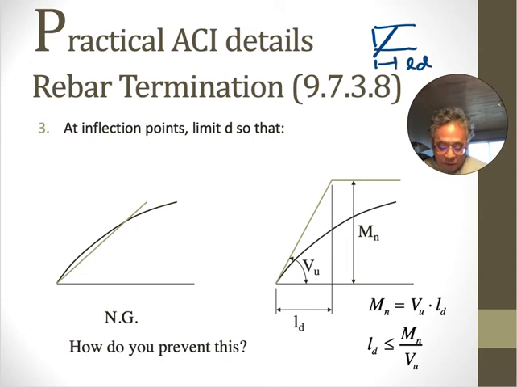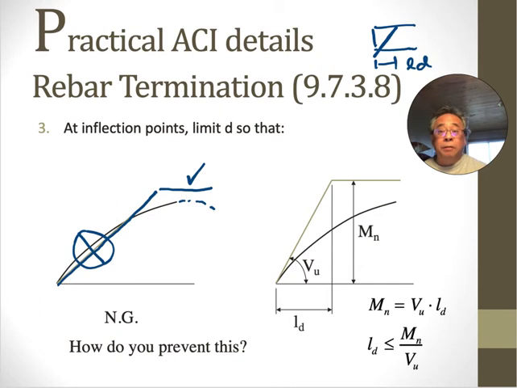And so you don't want this to happen. The beam is strong enough over there, but it takes so long for the beam to get up to its strength, it goes below the moment diagram. And that's no good right there.